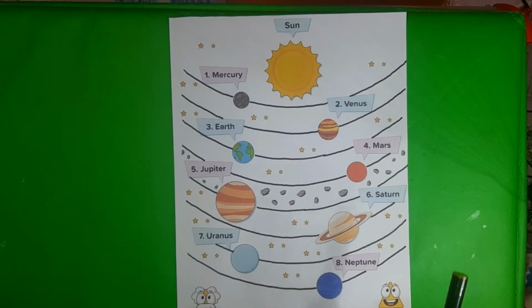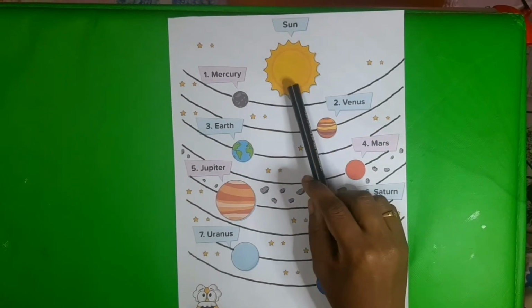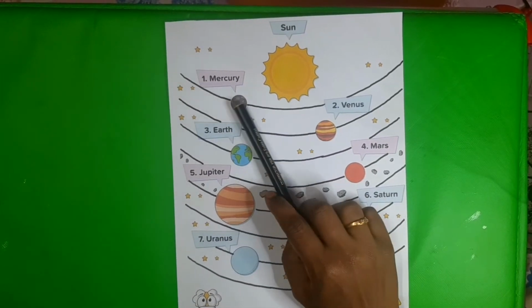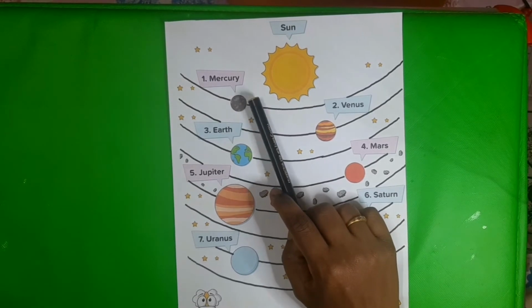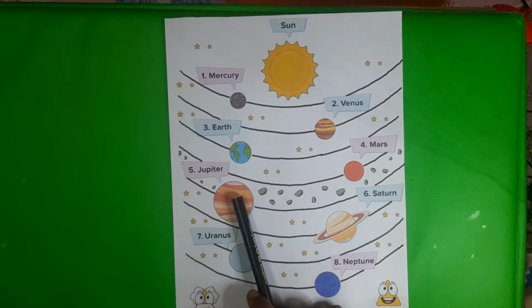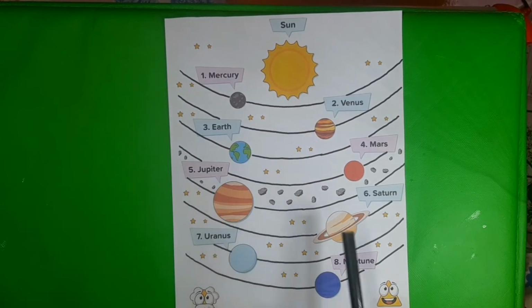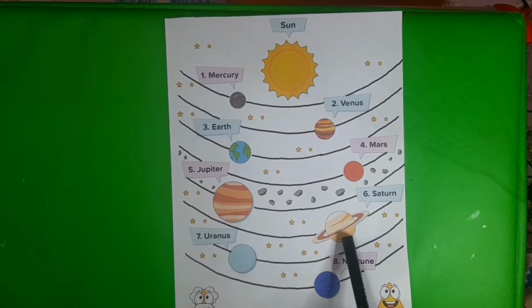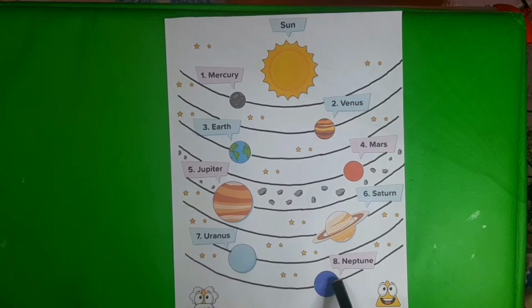Now let's repeat along once more so that you will be able to revise again. Sun is the center of the solar system. Mercury is the smallest planet and it is the closest planet to the Sun. Jupiter is the largest planet. Saturn is the second largest planet. Neptune is the farthest planet in the solar system.